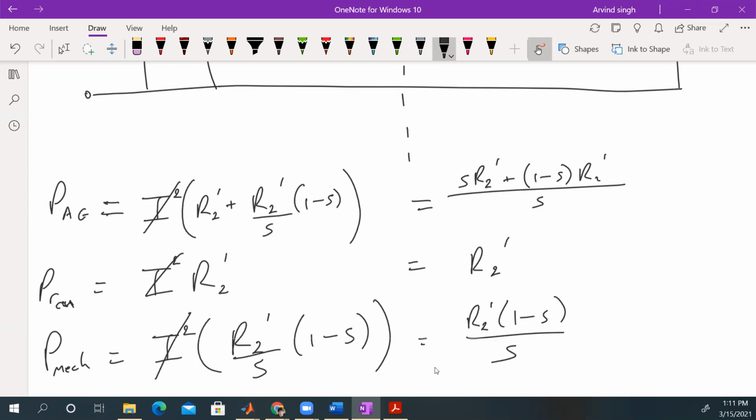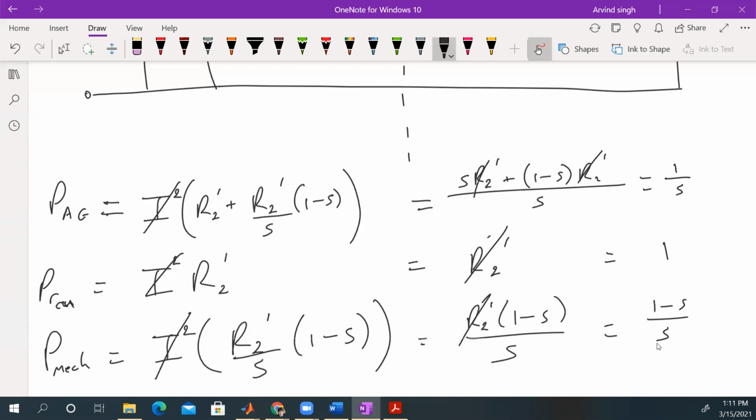So I can now take out the R2 primes here, and this will give me 1 minus S. This is 1 over S.